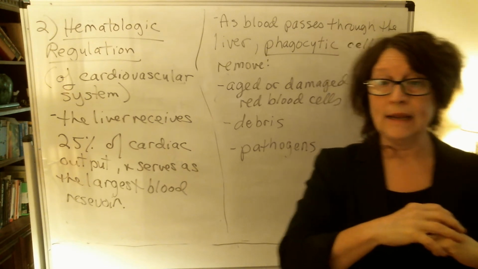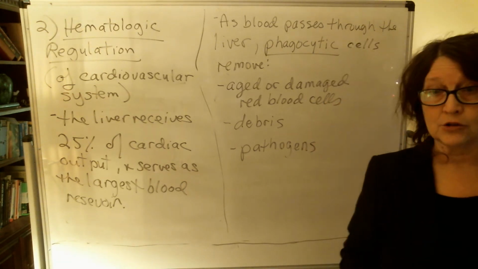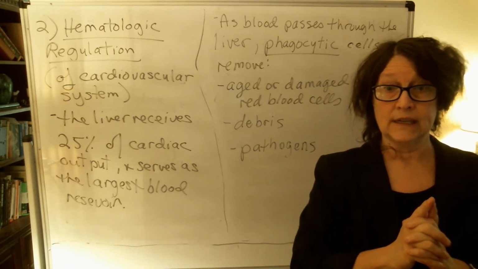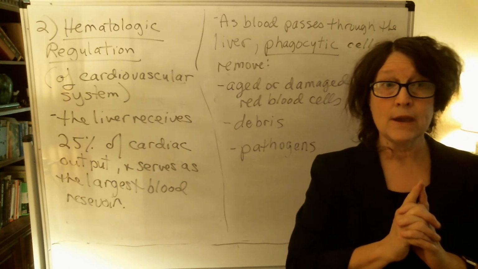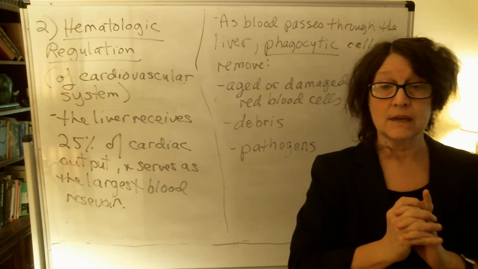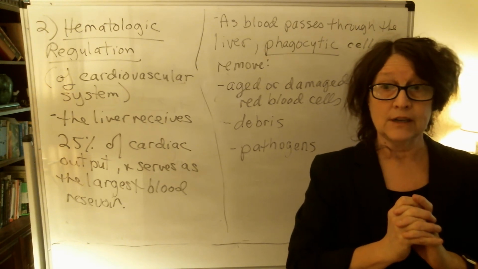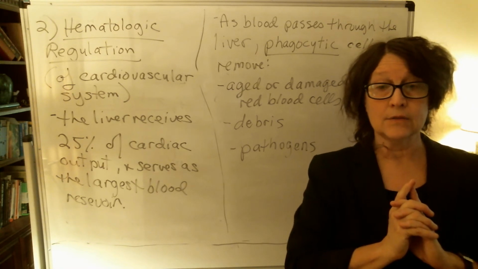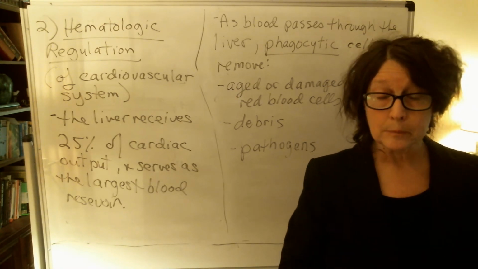That is how we get rid of aged or damaged red blood cells. Remember, your red blood cells do not have a nucleus. And so they are in the process of dying, basically, by the time they reach circulation in your blood. They last a few months. Then they have to be taken out of circulation because they're dead.